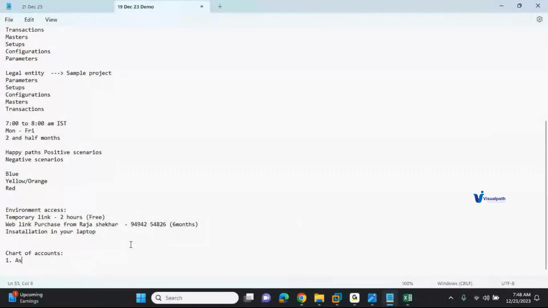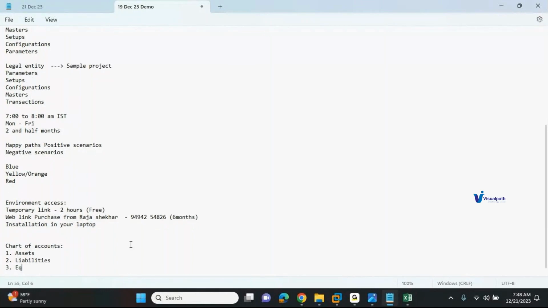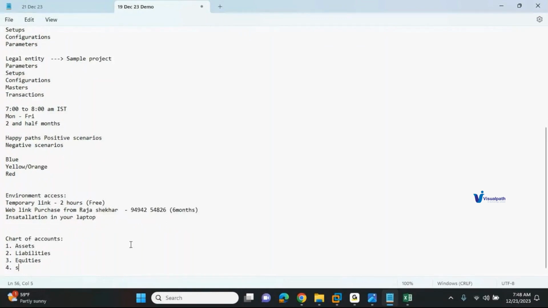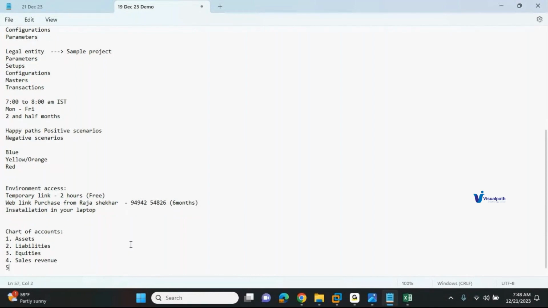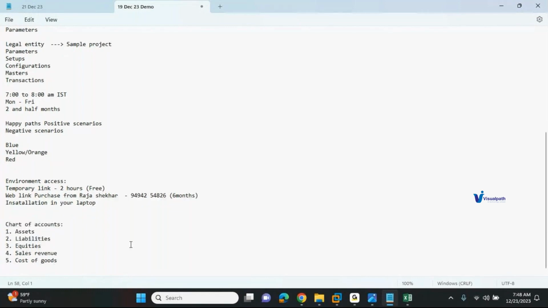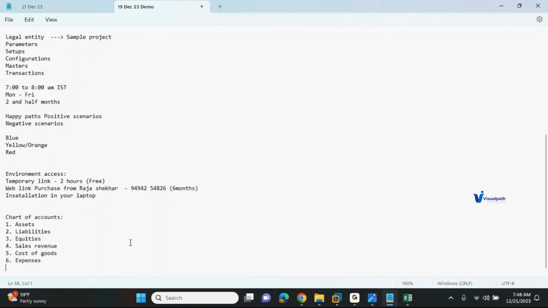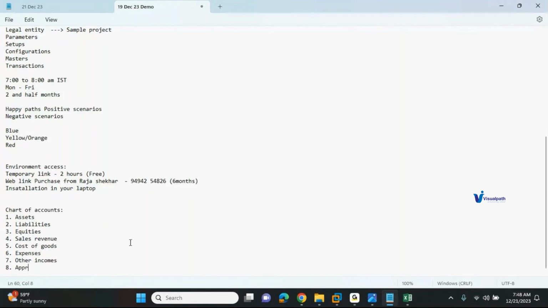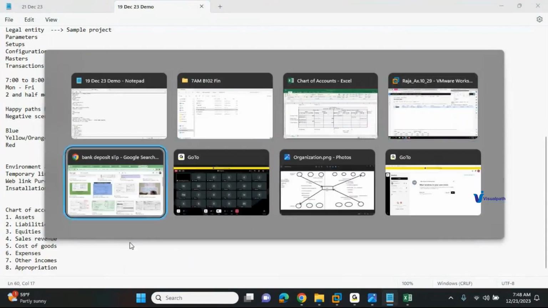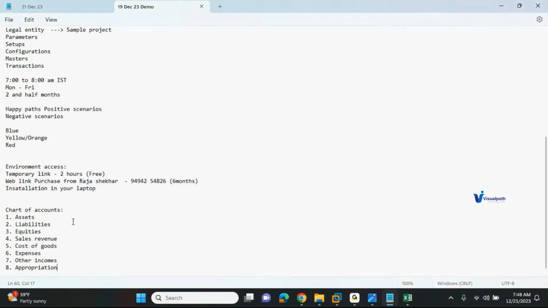Chart of accounts: one assets, two liabilities, three equities, four sales revenue, five cost of goods, six expenses, seven other income, eight appropriation.